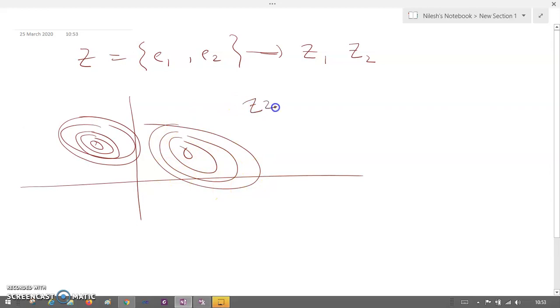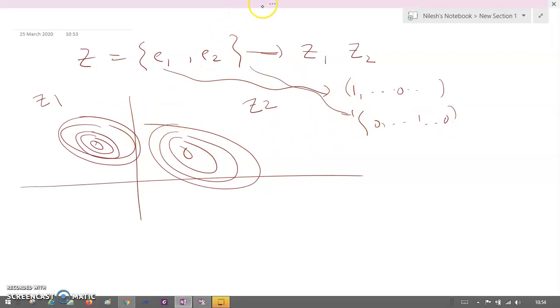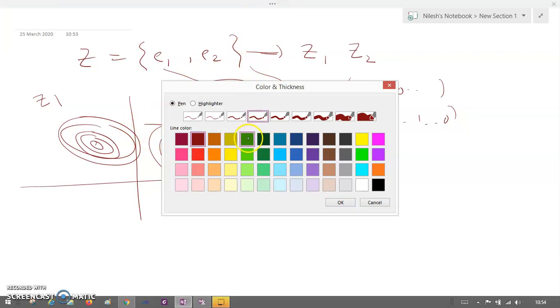So this is my z2 and this is my z1 cluster, and you can see these are the natural clusters that you can draw from the PDF of x, which are nothing but x1 and x2 itself, but we are representing the latent variable, and that's why we used z1 and z2. You already know that e1 has numbers like 1 0 and so on, and e2 has numbers like 0 1 and so on. So we are representing that 1 0 and 0 1 in these clusters by taking some color.